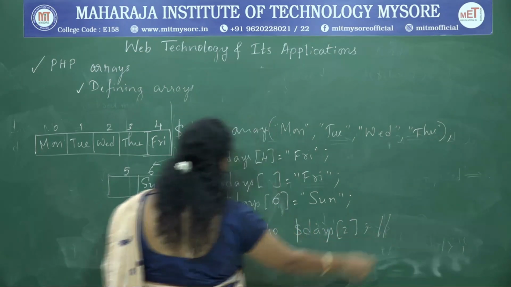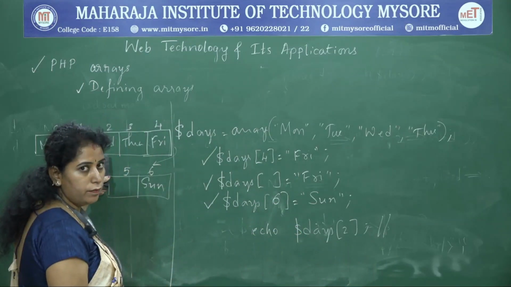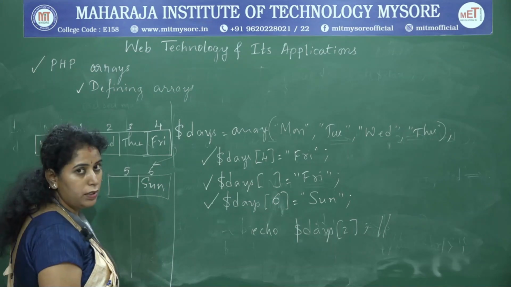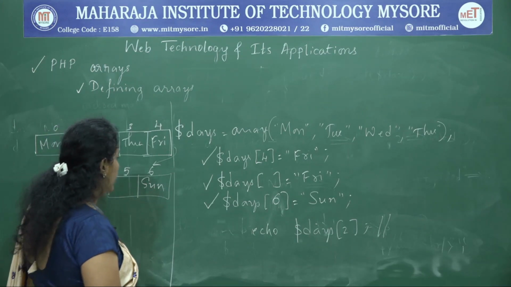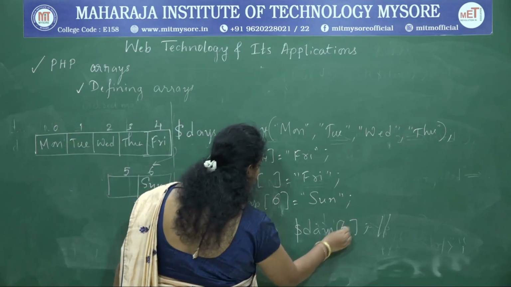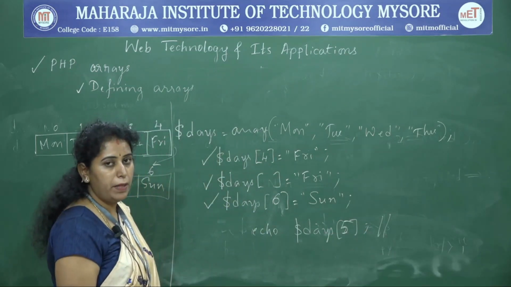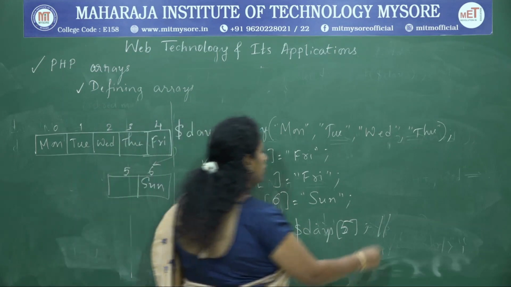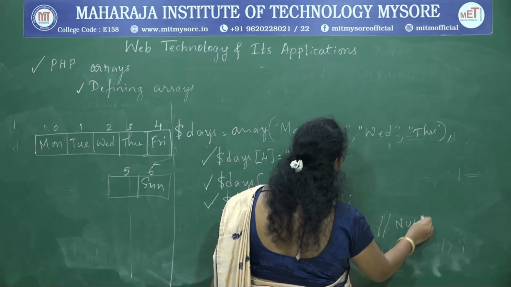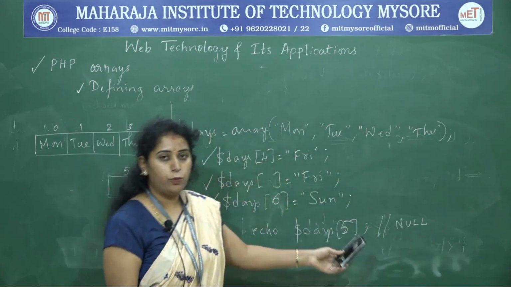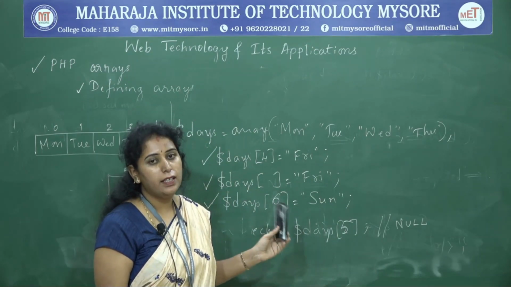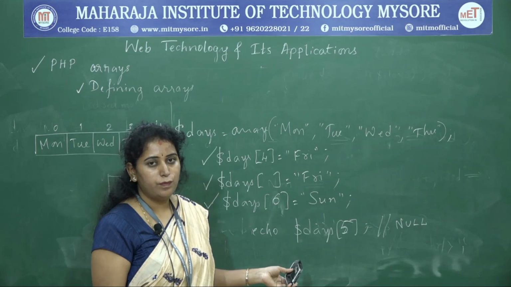What does it output? Wednesday. If I give days of 1, it prints Tuesday. But if I say to print days of 5, what happens? There is no element. It doesn't lead to an error, it just outputs null, indicating that there is no element in that index.